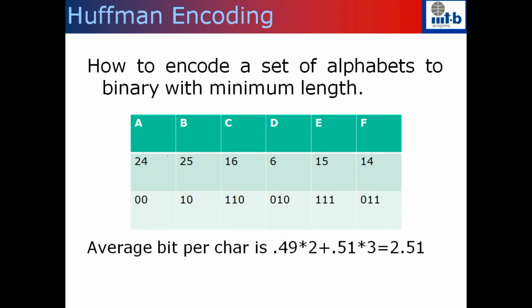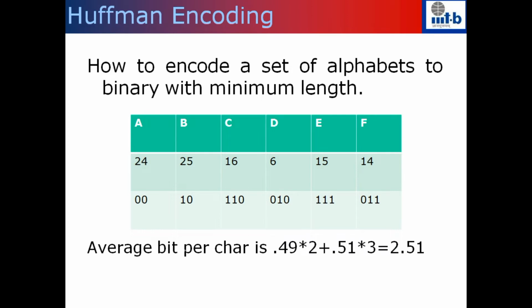So A and B happen very frequently, so we want to encode them with a smaller length code, and the remaining characters are all given the same length code, which is 3. The first two happen with probability 0.49, so the rest should happen with probability 0.51.